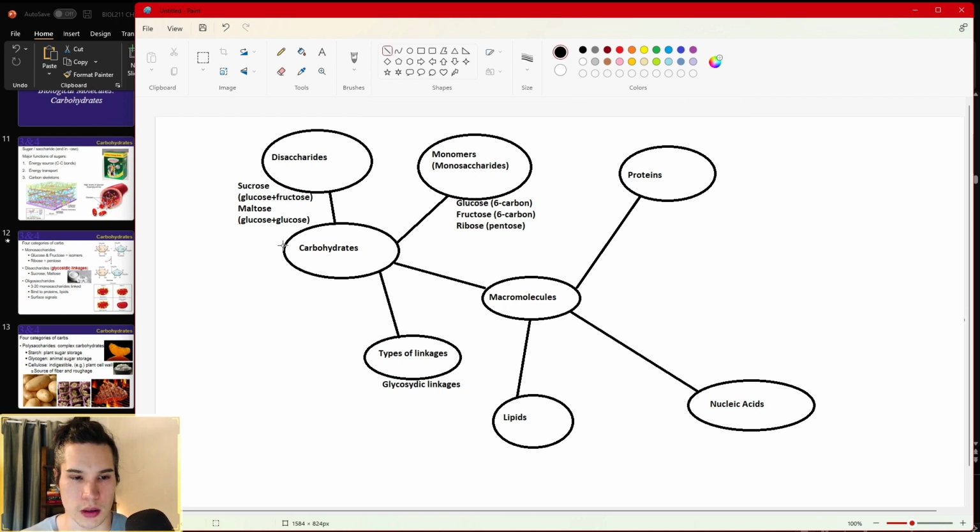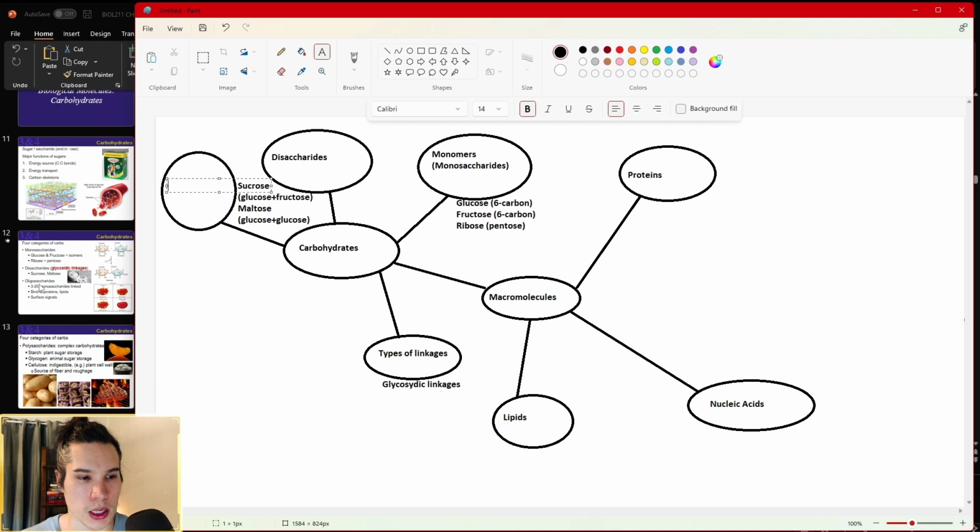We could go with the polysaccharides now. I'll just draw a bubble up here. What are the types of polysaccharides that we have listed? Or actually, looks like I go over oligosaccharides, which consist of 3 to 20 monosaccharides. And so here I don't necessarily list any names, I just give characteristics, and that's fine.